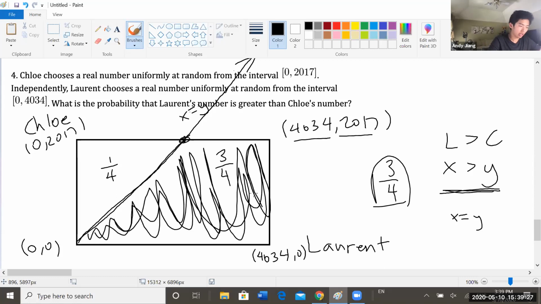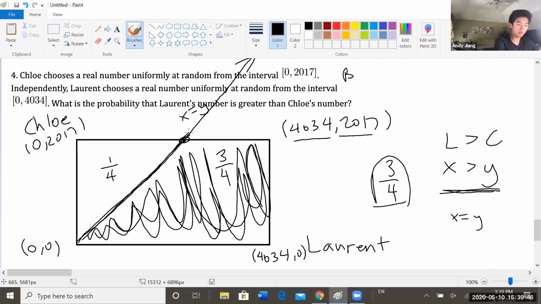So a quick recap is that first off, this is the second type of problem that's not geometry, but we can convert it into a problem that's geometry. So I draw it. I could say the coordinate plane, but it doesn't have to be the coordinate plane. I could have just drawn a rectangle and then drawn this line in.